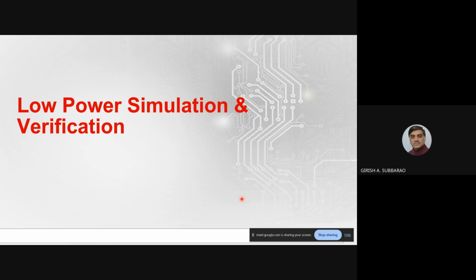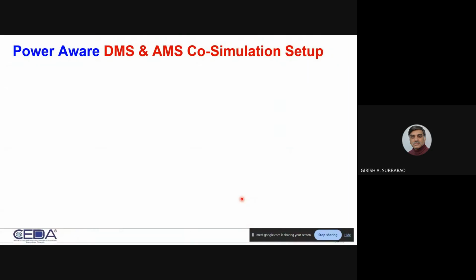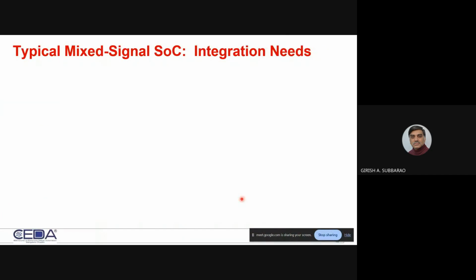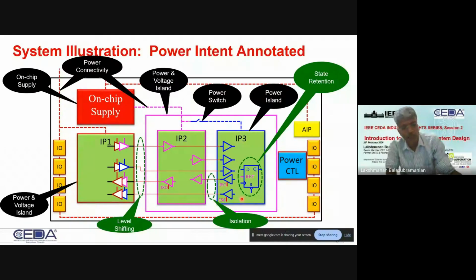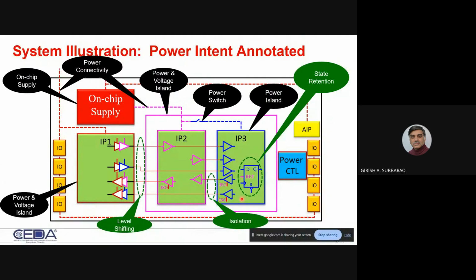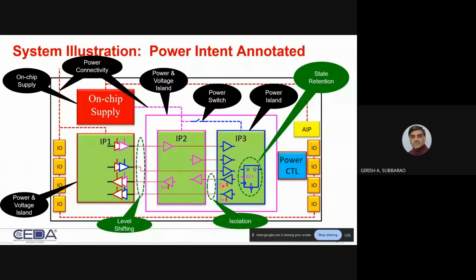Hello? Hello, yeah? This is Girish here. Yeah, Girish, yes. Just a question regarding that isolation you have shown. Instead of that, can you just use a pull down resistor at the input? Would that be sufficient? Yeah, for functionality, Girish, a pull down resistor can be used. It will define the value. But think of it when the power comes back at IP3. Assume your safe state is 0, no problem, right?